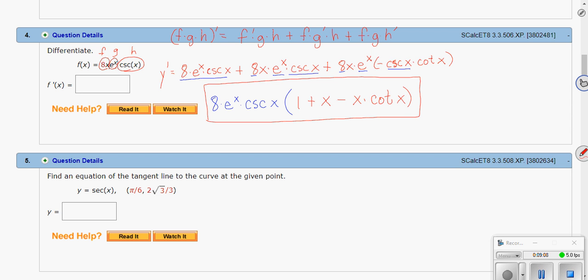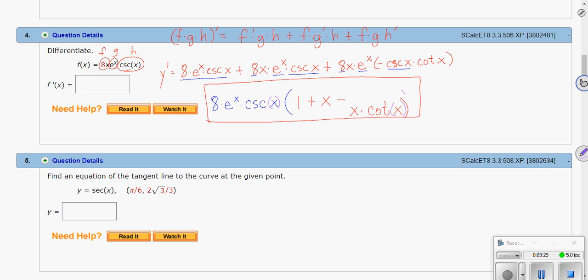And if WebAssign doesn't like this, they may want you to go back in and put parentheses around the object of your trig function.